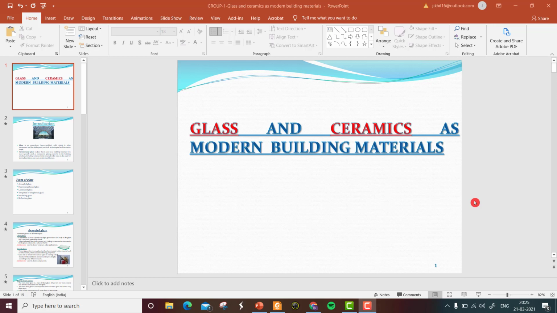Glass and ceramics are called modern because they started being used only in the recent era, based on their properties and usages. So let's get into the presentation.